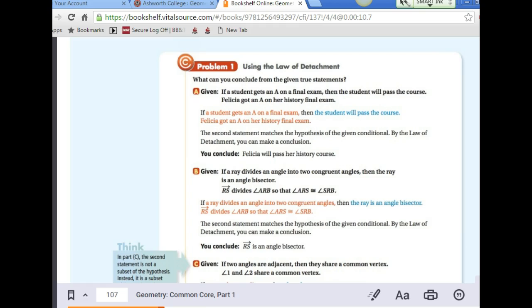B says the conclusion is that the ray is an angle bisector. So the second statement comes along and supports the original hypothesis that RS does divide that into two equal segments. Therefore, we can conclude by the law of detachment that the conclusion would be that RS is an angle bisector, because that's what the original conclusion would conclude.